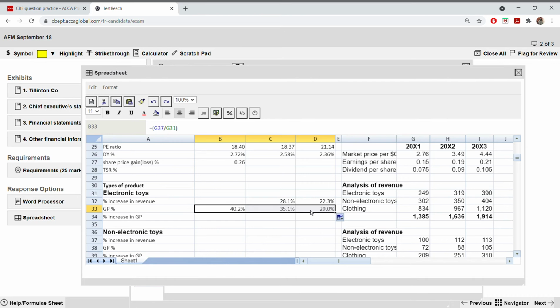Okay, next we have percentage increase in gross profit. If you want to see the percentage increase in gross profit, what you can do is this minus this, divide by this.